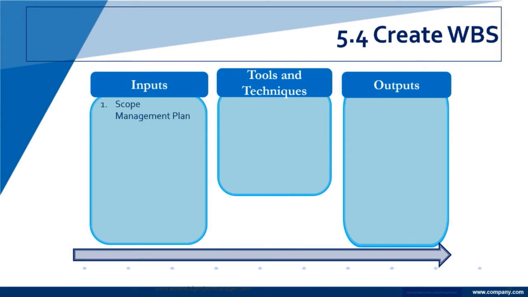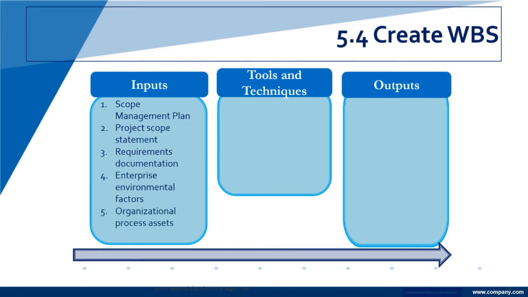You use your scope management plan, which kind of gives us our framework, our scope statement, requirements documentation, our enterprise environmental factors, organizational process assets. We use the tools of decomposition. I'll talk about that. Expert judgment. And the output is a scope baseline.